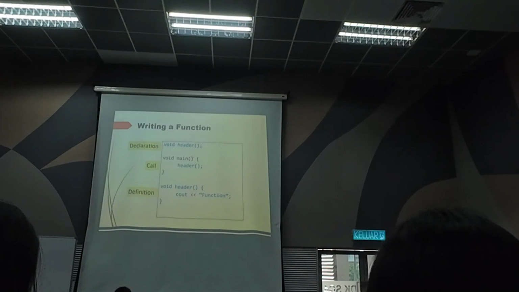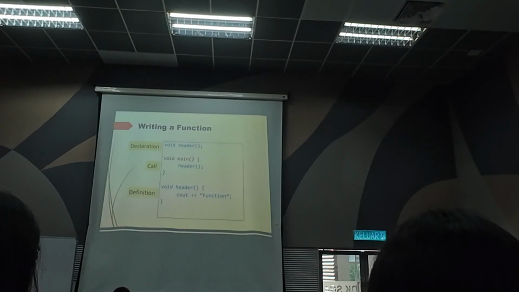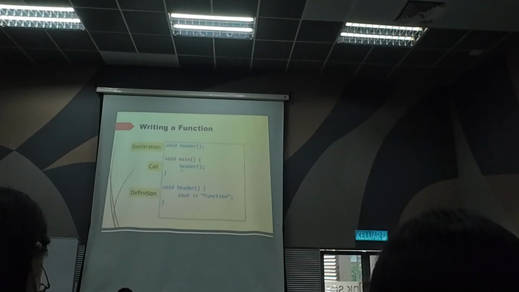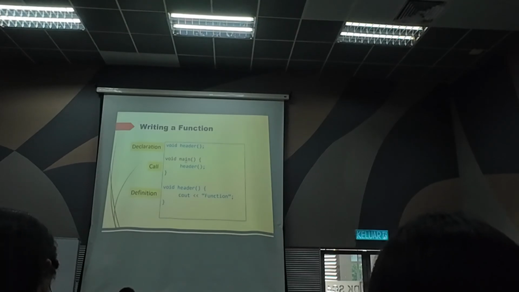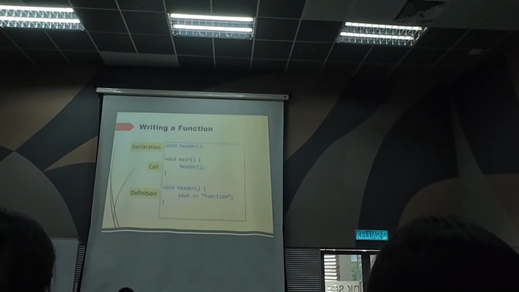Inside every C++ program, you always have a main method to execute the program. In this main method, I put in my header functions. When I run this program, I call this header function. When I call this header function, where will it go?